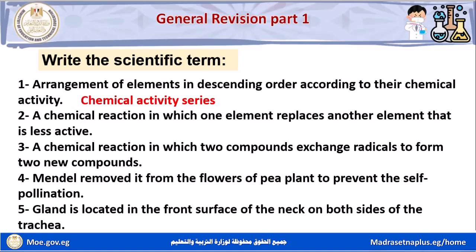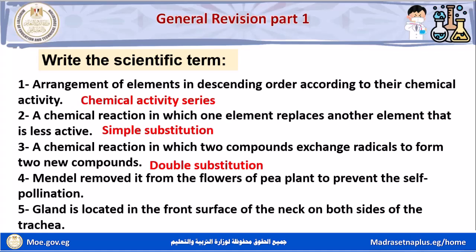A chemical reaction in which one element replaces another element that is less active: simple substitution. Question number 3. A chemical reaction in which two compounds exchange radicals to form two new compounds: double substitution.